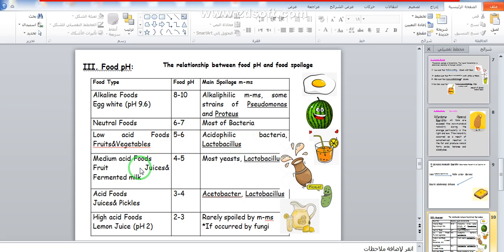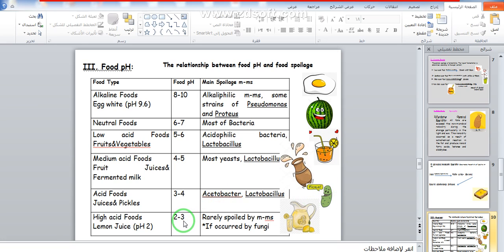Medium acid foods, just like fruit juice or fermented milk, most yeasts and Lactobacillus can spoil such medium acid foods of 4 to 5 pH. Acid foods of 3 to 4 pH like pickles or juice will be spoiled by Lactobacillus or Acetobacter.